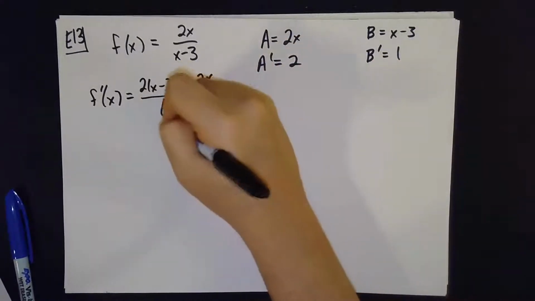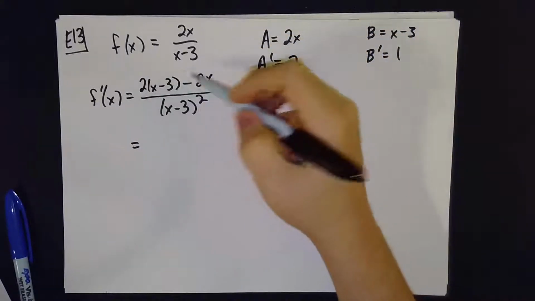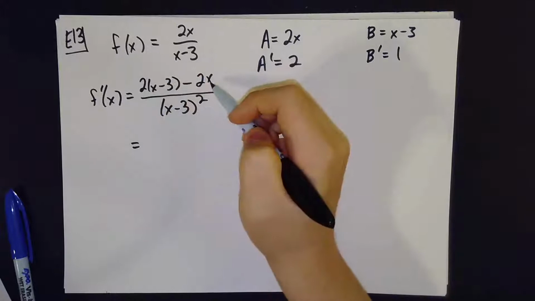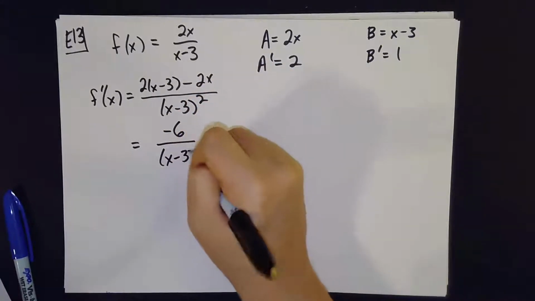Divided by x minus 3 squared, which is going to be 2x minus 2x. So all that's going to be left here is a minus 6 divided by x minus 3 squared.